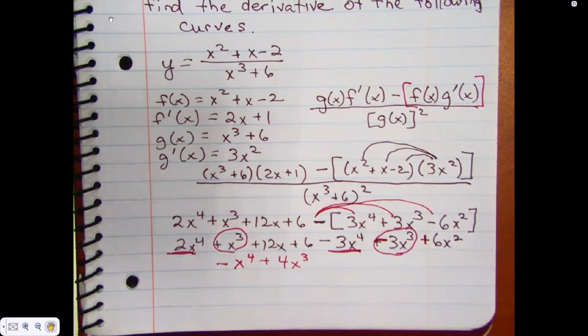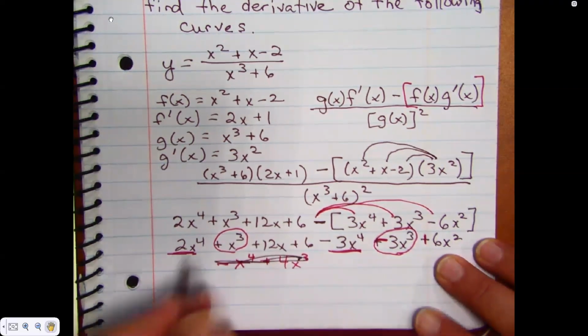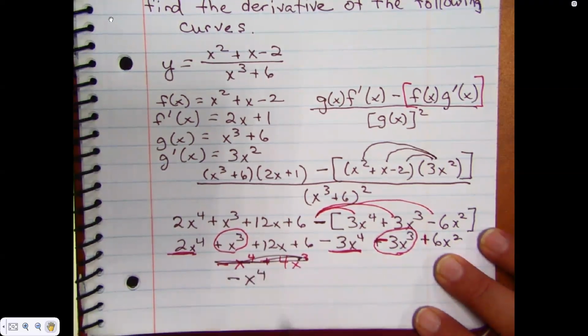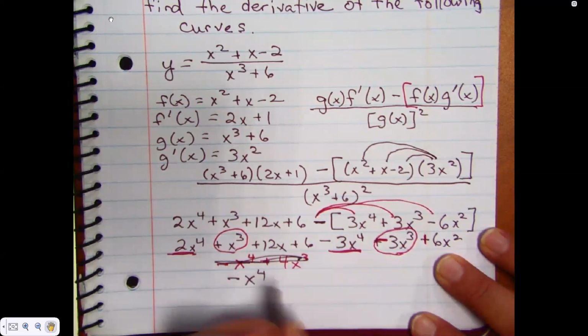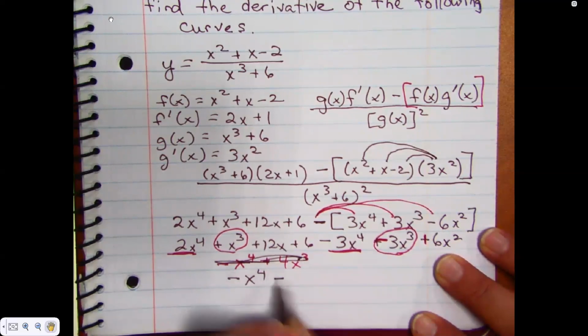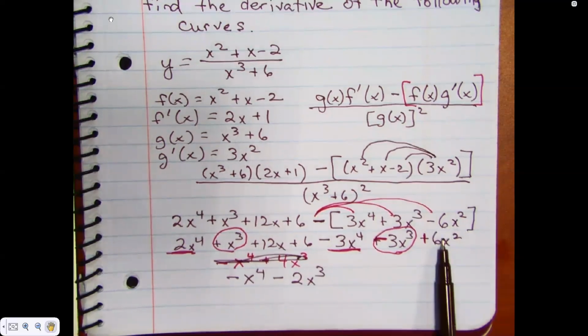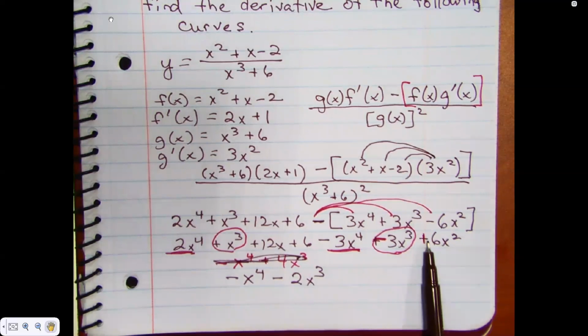All right, so now when we collect like terms, this will give us what? All right, let's try it again. Negative x to the fourth, 1, now the negative 3, that should give us, oh no, this guy's negative 3, so negative 2x to the third. That looks better. What else? This is the only x squared, and it's positive. Now that's corrected, right?